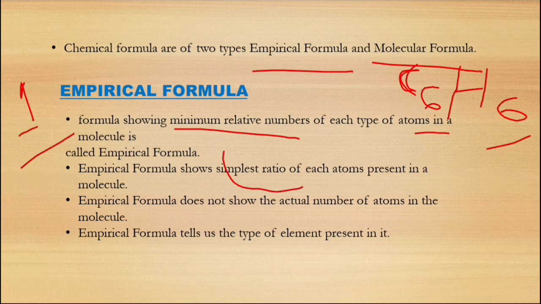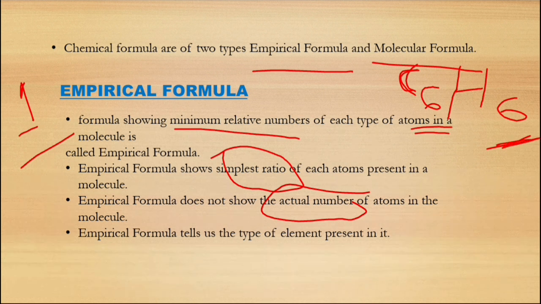Also, it shows the simplest ratio of the elements of each atom present in a molecule, and it does not show the actual number. In benzene, C6H6 is the actual number of atoms. But in the empirical formula, they are present in the simplest ratio form.